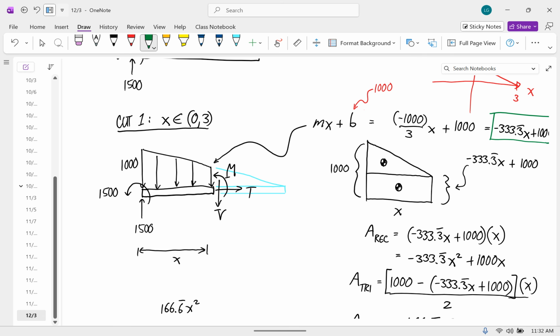And if you have more than one distributed load, you have to add them together to get your total Q. Well, that's why you hope not to see these ones where you have to do cuts that make these trapezoids. And if you see them, just picture it from the other side and do it that way.